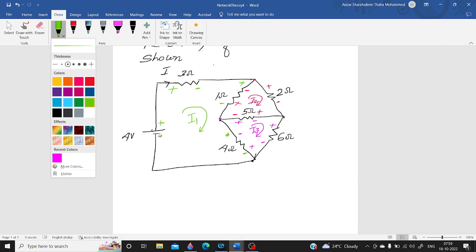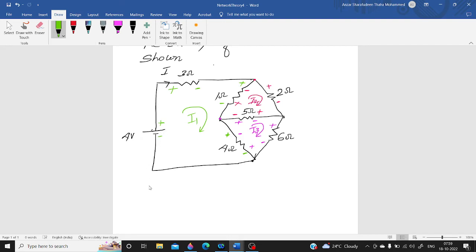So here there is an increase in potential, so it is 4, and a decrease in potential, minus I1 into 3, and here minus 1 into the resistor is 1, and the current we have considered is I1, so I1 is taken as positive, and the opposite current is I2, so it is given minus I2.